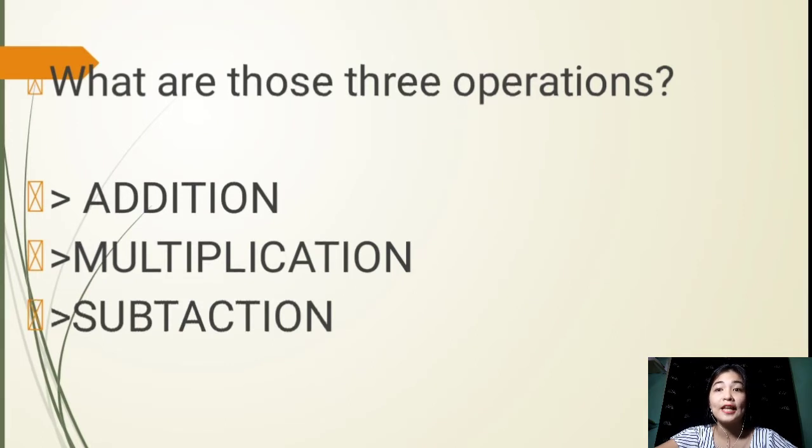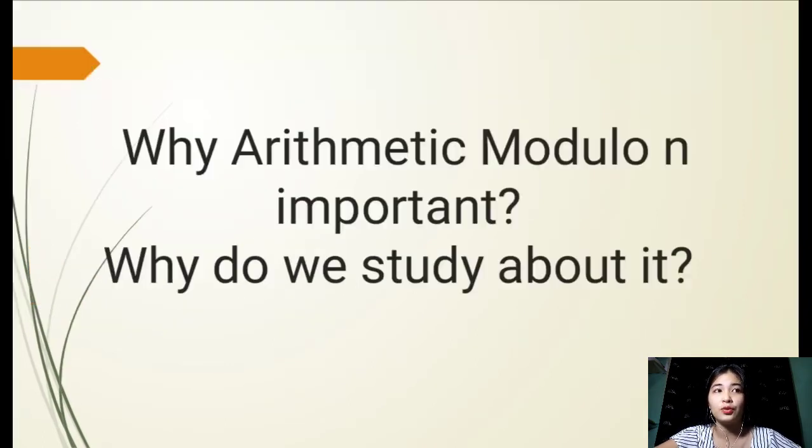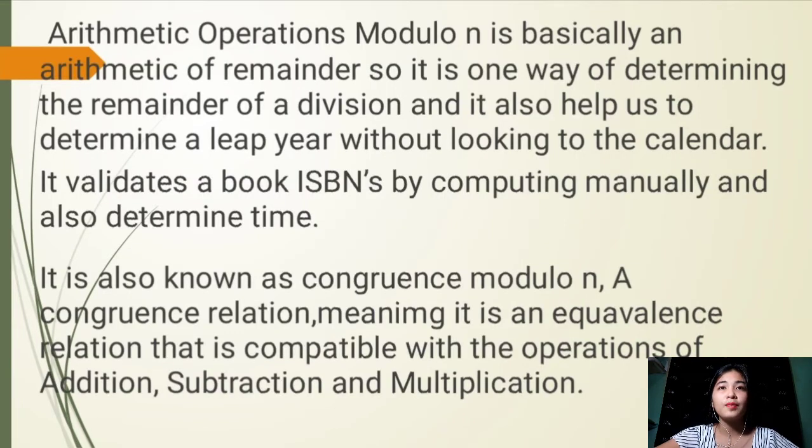Before we start our lesson, let me ask you, why is arithmetic important, and why do we study it? Arithmetic operations modulo n is basically an arithmetic of remainder, so it is one way of determining the remainder of a division, and it also helps us to determine a leap year without looking at the calendar.